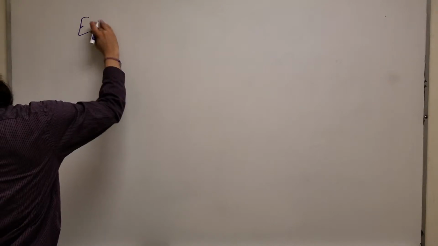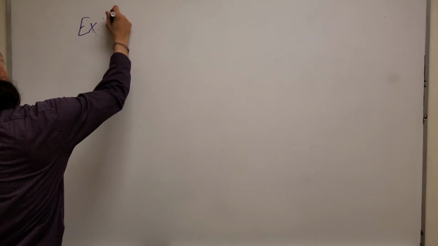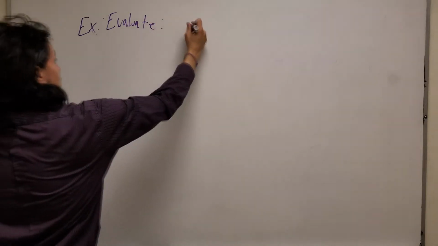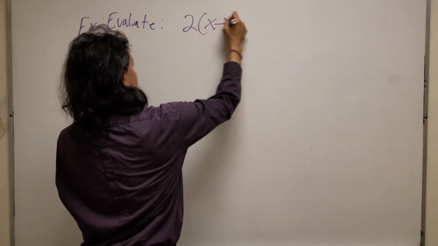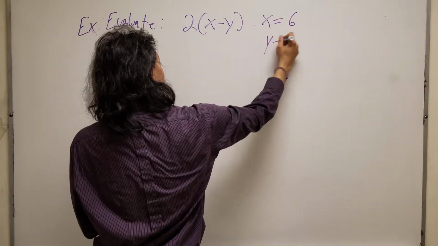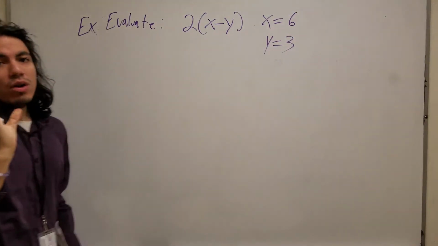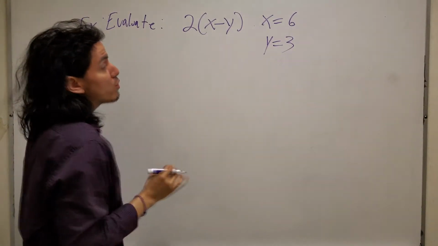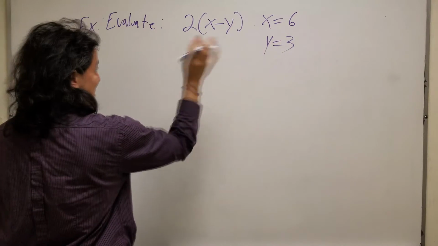But sometimes we could be asked to evaluate what the variable is. So with this example, 2 parentheses x minus y, when x equals 6 and y equals 3, I always tell all my students this: plug in the numbers with parentheses, exactly how they are.